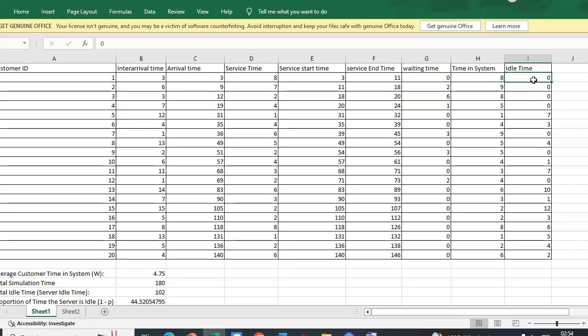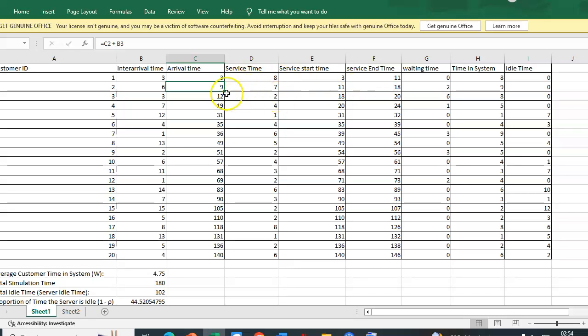And then for the idle time, which is a bit tricky, you get the difference between the arrival time and the service end time of the previous customer. Obviously the idle time for the first customer is 0. For the next customer, you get the difference between the arrival time, which is 9, and the service end time of the previous customer, provided the arrival time is greater.